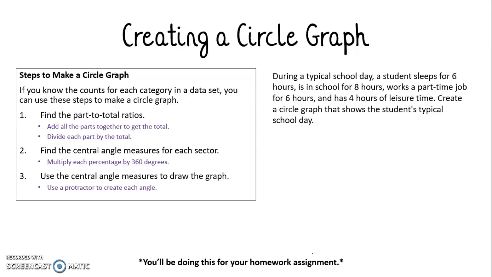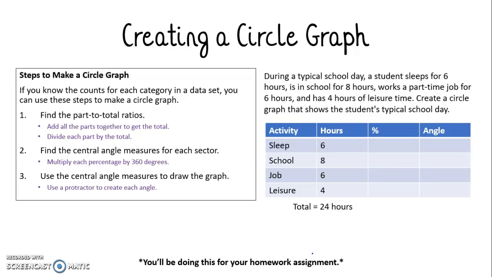So I've included the steps here on the left-hand side so you can follow along. During a typical school day, a student sleeps for 6 hours, is in school for 8 hours, works a part-time job for 6 hours, and has 4 hours of leisure time. Create a circle graph that shows the student's typical school day.